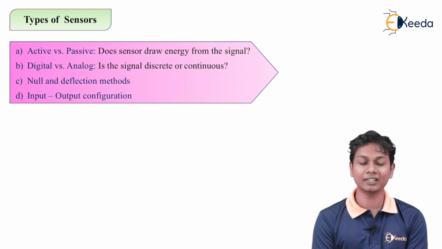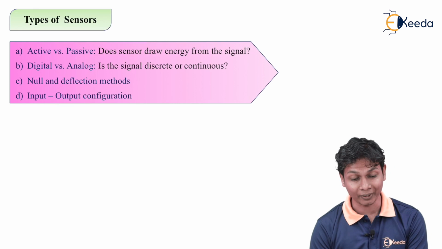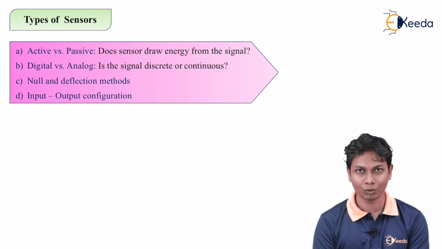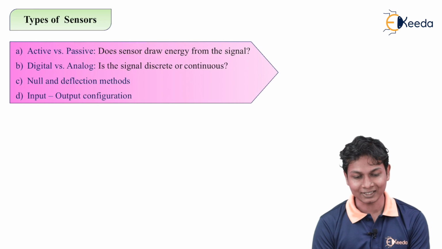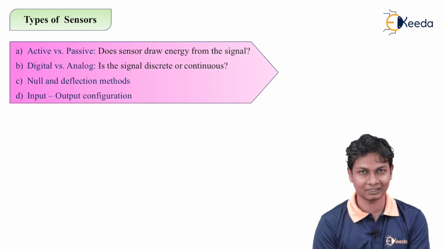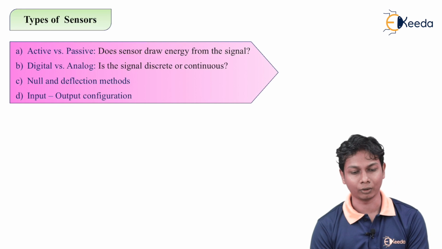Again, digital sensor or analog sensor. It depends on what the output signal is, either a discrete signal or a continuous signal. Obviously, if the signal is continuous, then the sensor is analog.